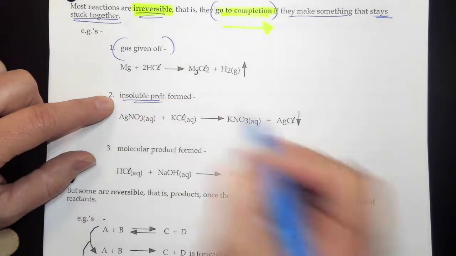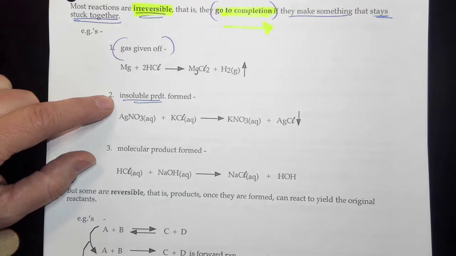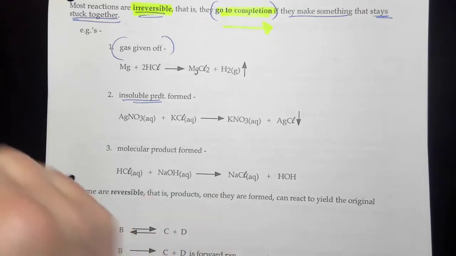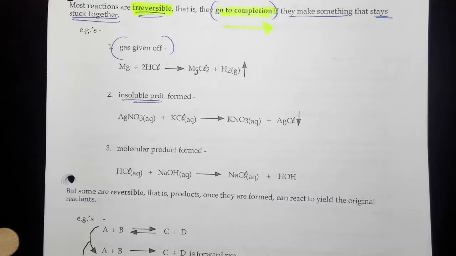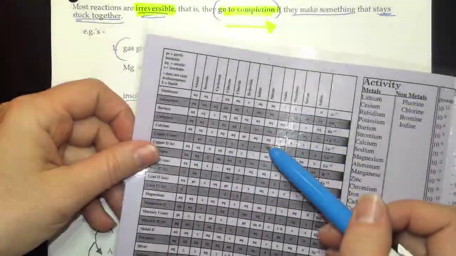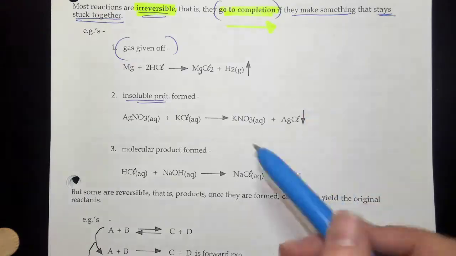If I make an insoluble product, like in our solubility table on the back of our periodic table, if something in here says insoluble, then it's not going to go back into the solution. So that's irreversible.